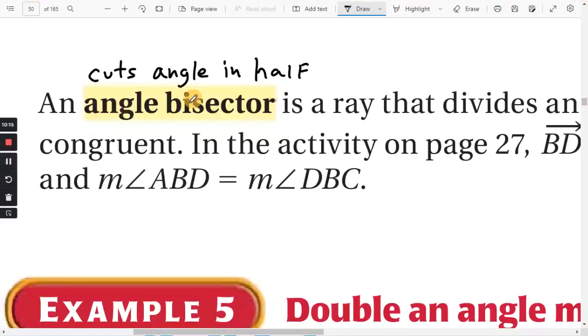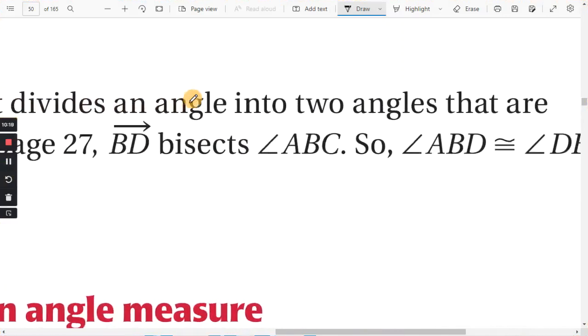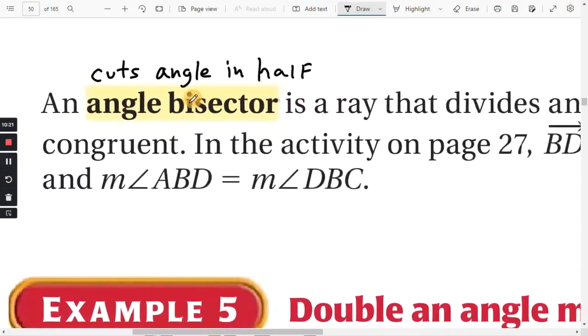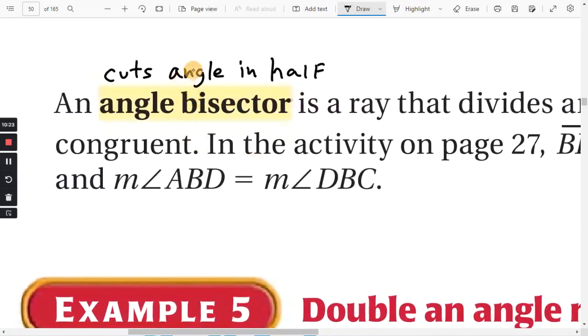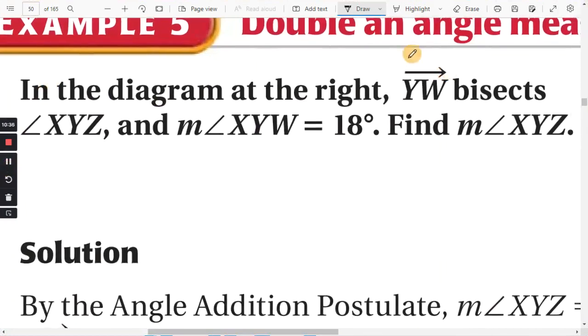All right, it says an angle bisector is a ray that divides an angle into 2 angles that are congruent. So basically, the angle bisector just cuts the angle in half. All right, I'll show you on the diagram. All right, example 5 in the diagram at the right. Ray YW bisects angle XYZ. Let's take a look.